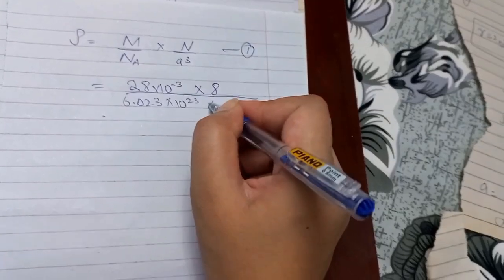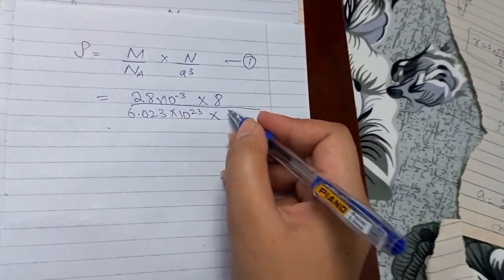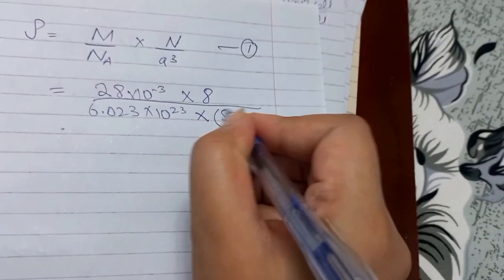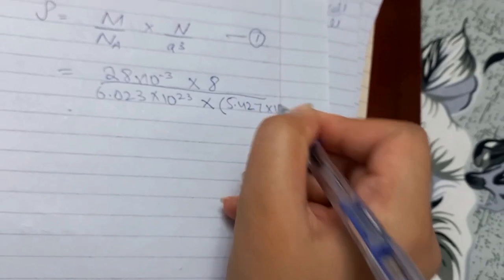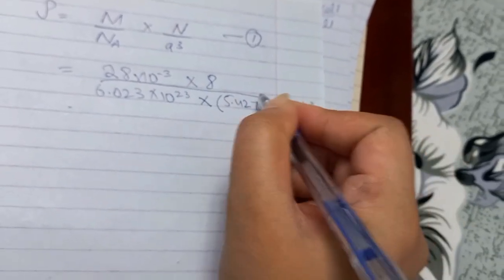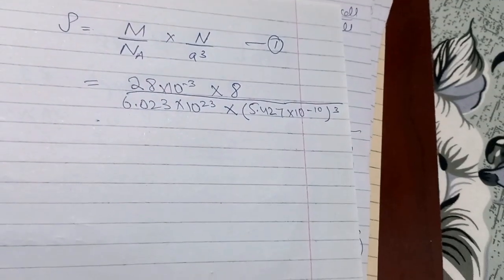And a cube, a was calculated to be this. Let me put it right here. It's 5.427 multiplied by 10 to the power minus 10, with whole cube on it. Let me calculate it using the calculator.